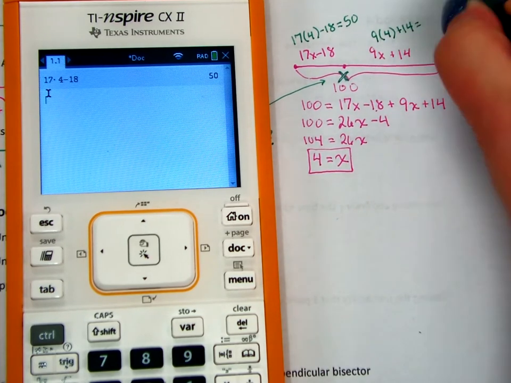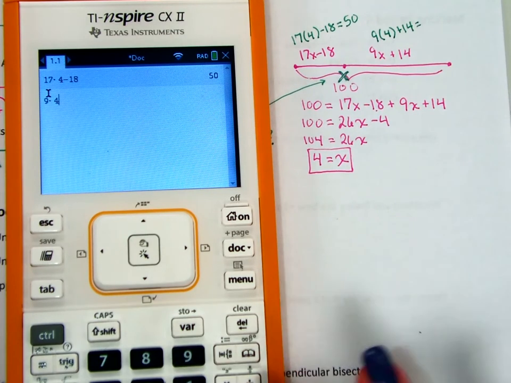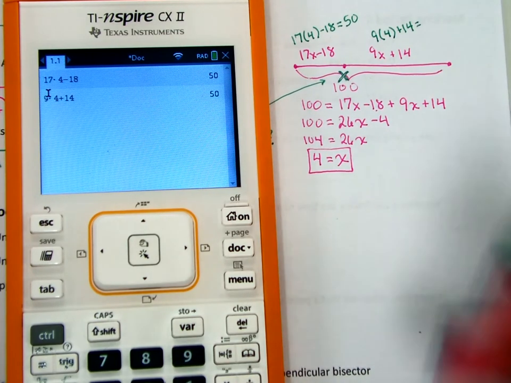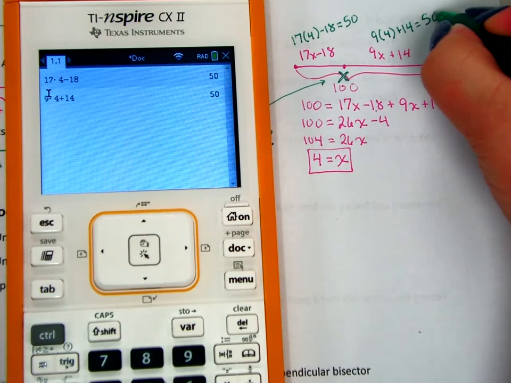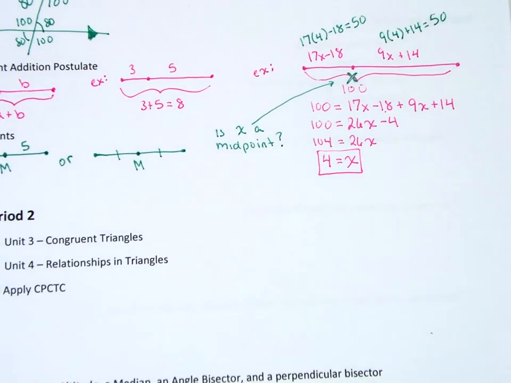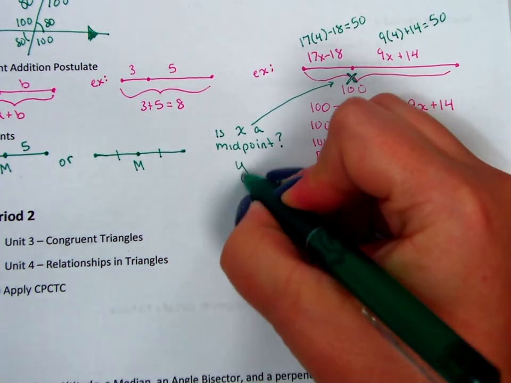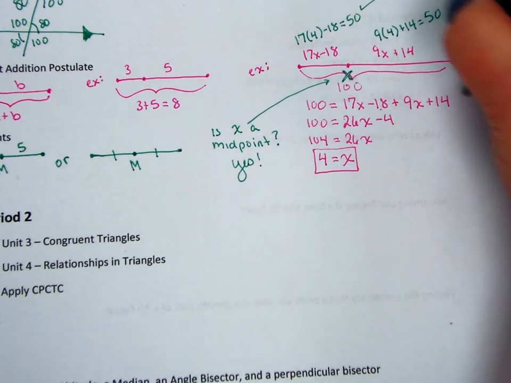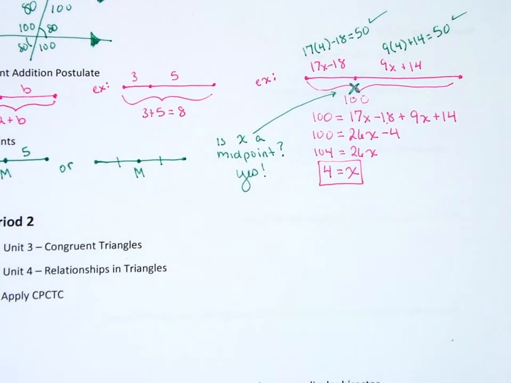Yeah, this side better also be 50. 9 times 4 plus 14 is also 50. So even though I didn't draw it like a midpoint, is it a midpoint? Yes, because we can mathematically prove it is, because these two are equal to each other.